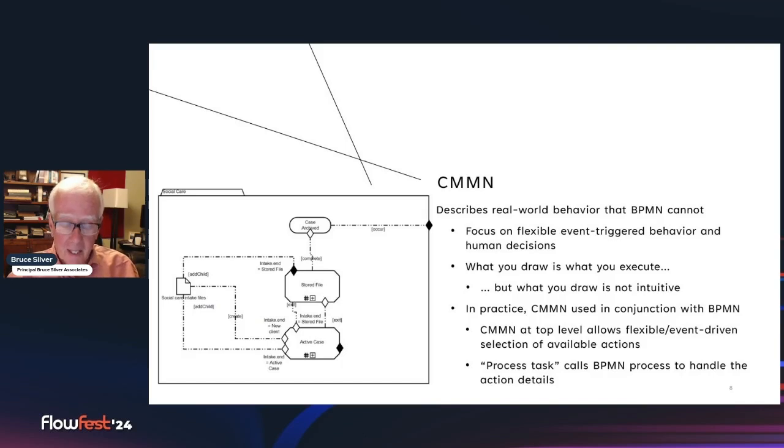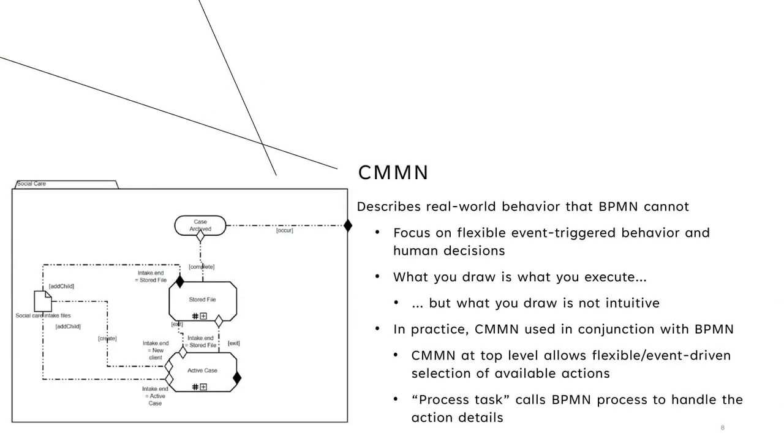A case in CMMN is not described by a flowchart, where you can clearly visualize the order of the actions, but rather a diagram of states called stages, each containing tasks, actions, that is, that may be performed or in some cases must be performed in the stage in order to complete the stage and transition to some other state.